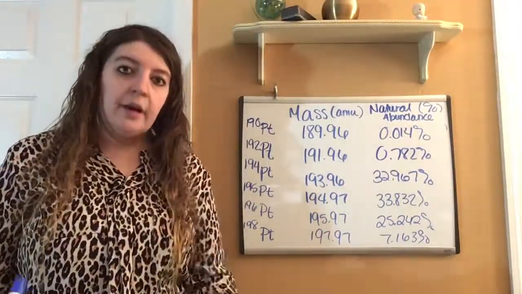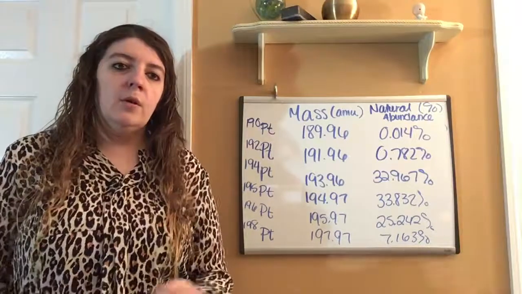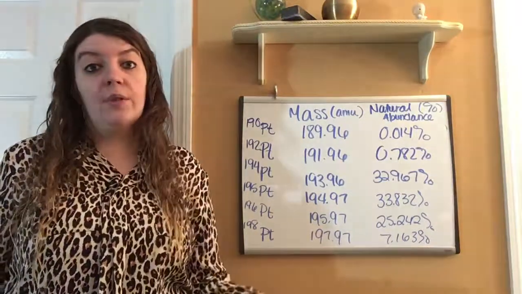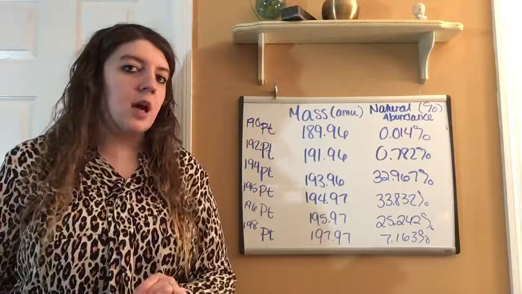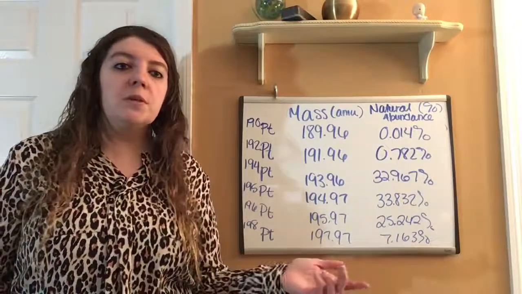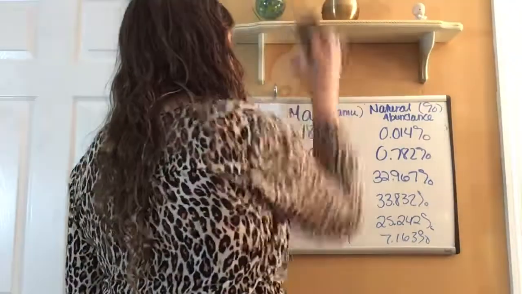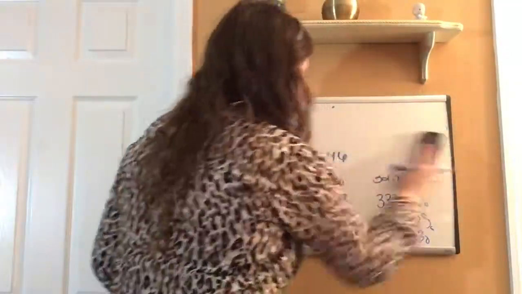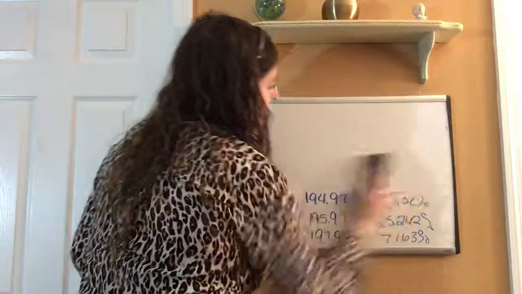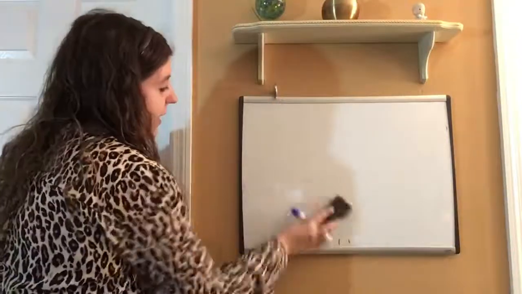Now, what am I going to do with this? Well, the only thing I don't know from this whole thing is going to be the average atomic mass. And that's usually what the question will ask. They'll say, find the average atomic mass. So using this information, I am going to do just that.